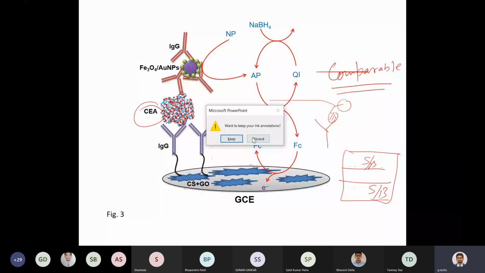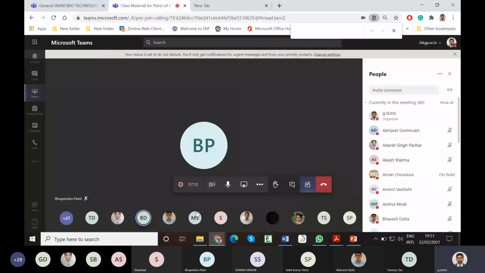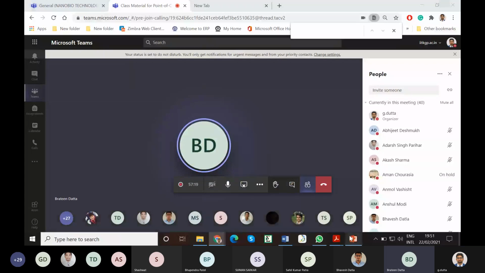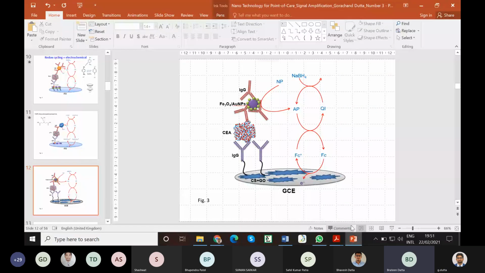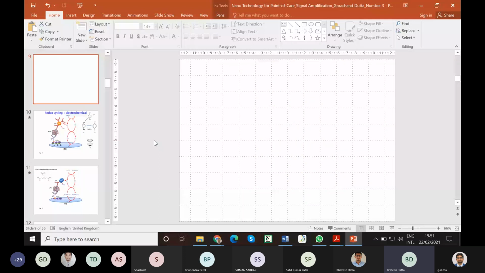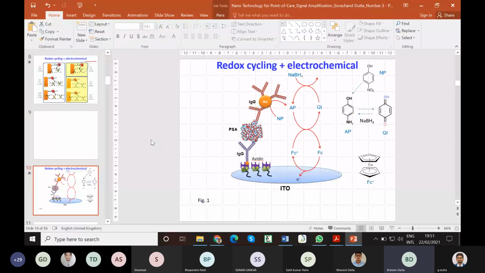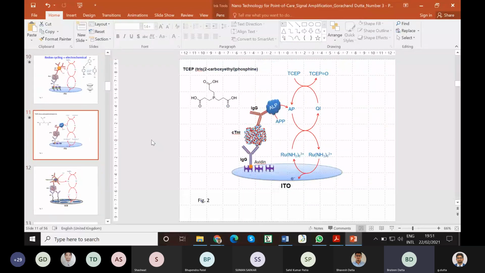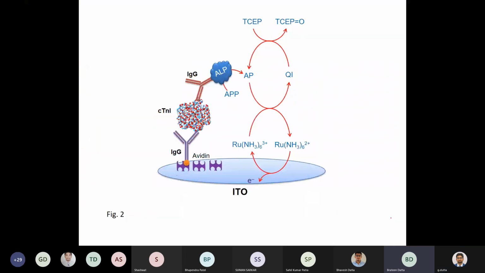Sir, quinone is reduced to aminophenol, and Thi is oxidized to its Thi-O kind of thing, and simultaneously the Fc plus is changing to Fc. So for this redox couple to work, the formal potentials of aminophenol, quinone, and Thi-O and Fc should be similar.